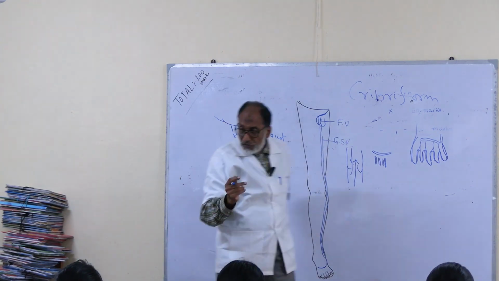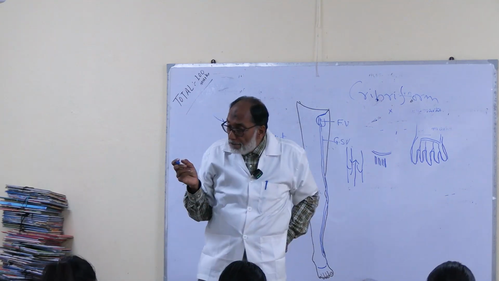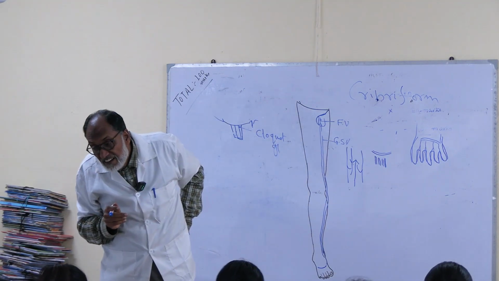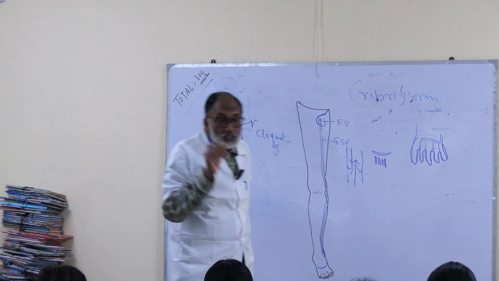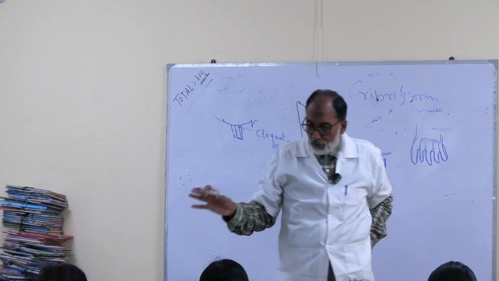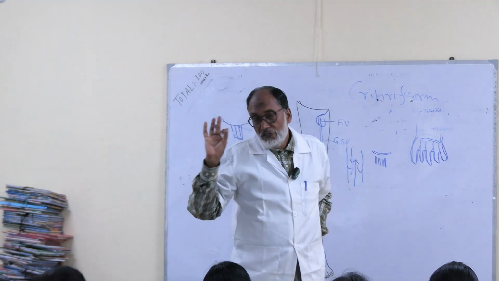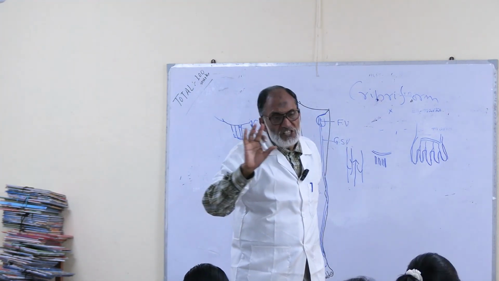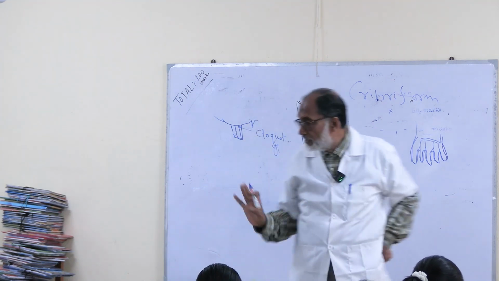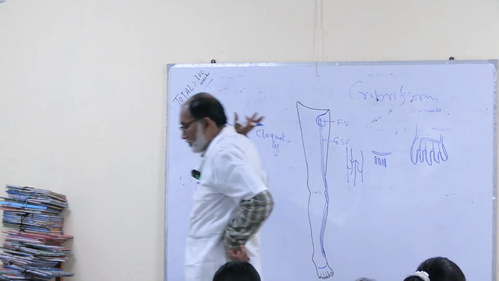Why is it called saphenous? Because it opens in the saphenous opening. Why is it called saphenous? Saphenous means easily seen. It is a Latin word. Saphenous means easily seen. And this vein is easily seen. That is called the great saphenous vein.